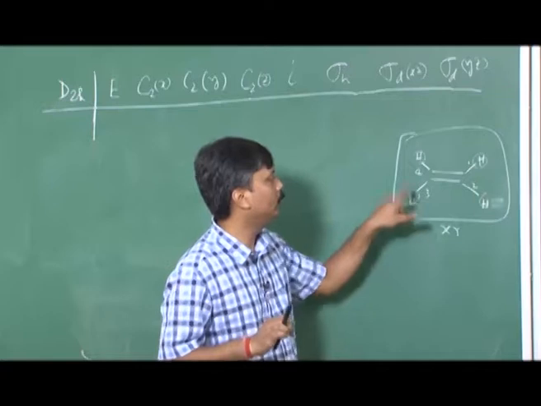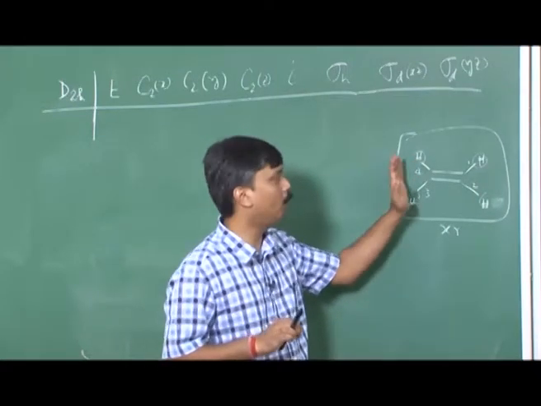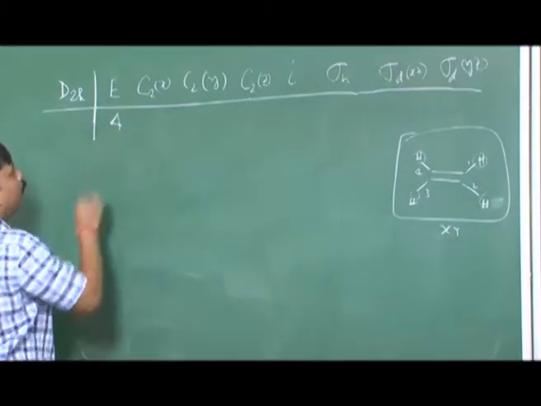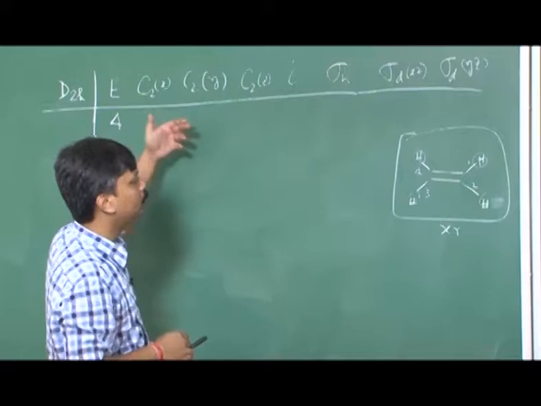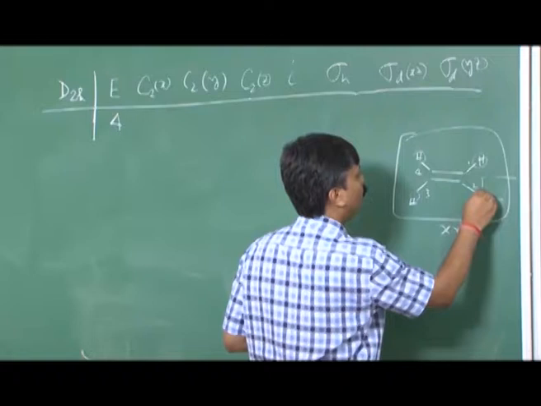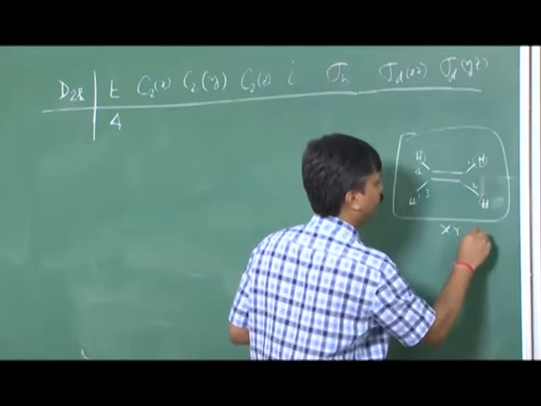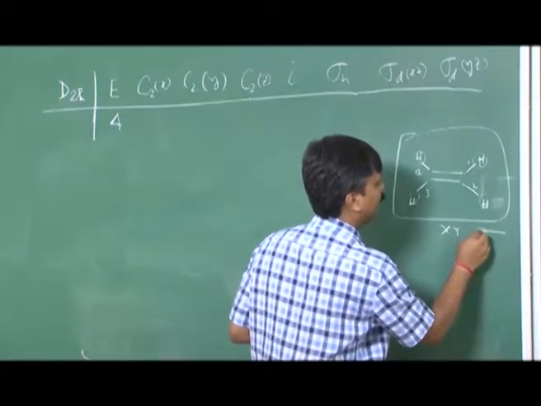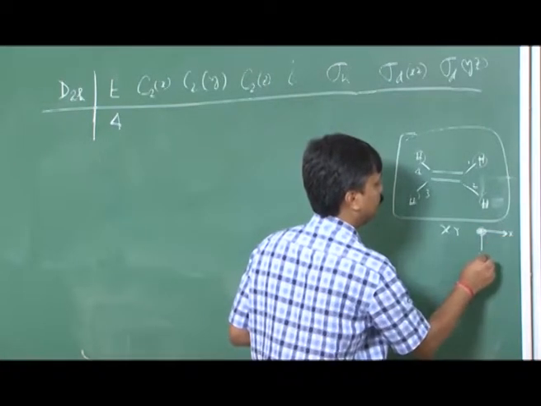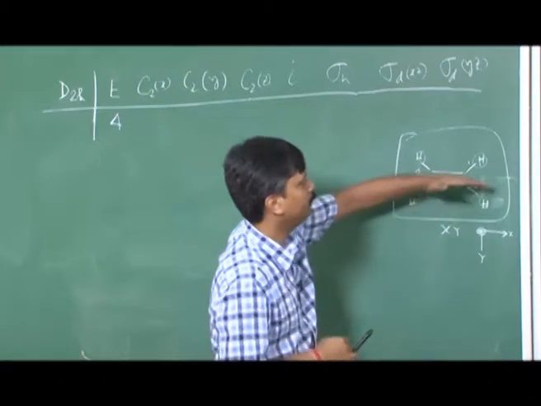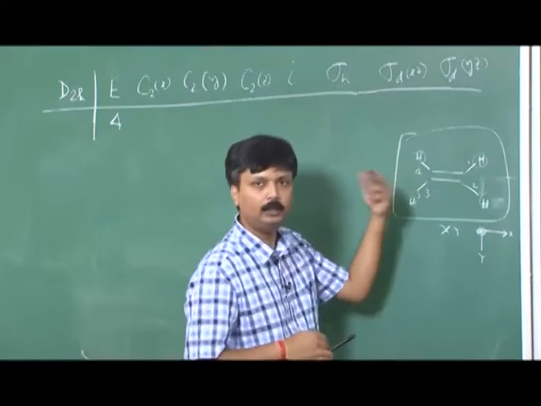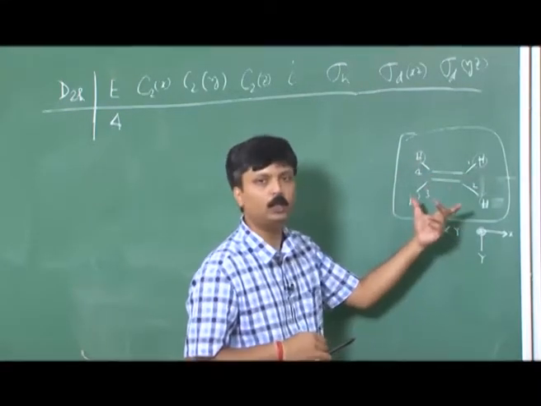So here there are 4 basis functions, all of them unshifted, which will contribute a total of 4. Now if you think about C2x, if this is my x and this is my y, let me draw it somewhere else. So this is my x, this is my y and this is my z. So 1 will come to 2, 2 will go to 1, and this one also. So none of these basis functions will survive.